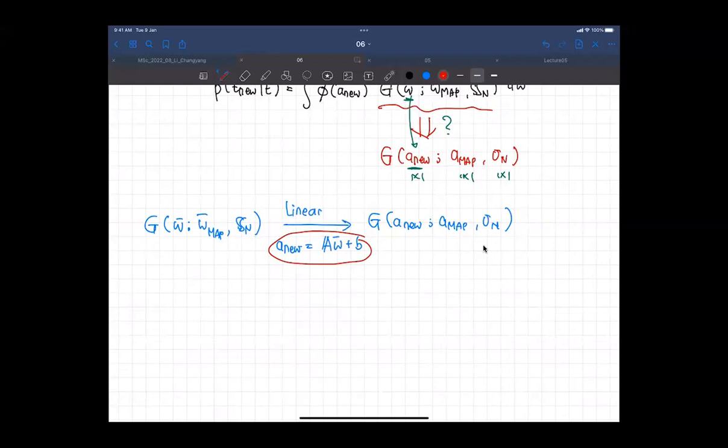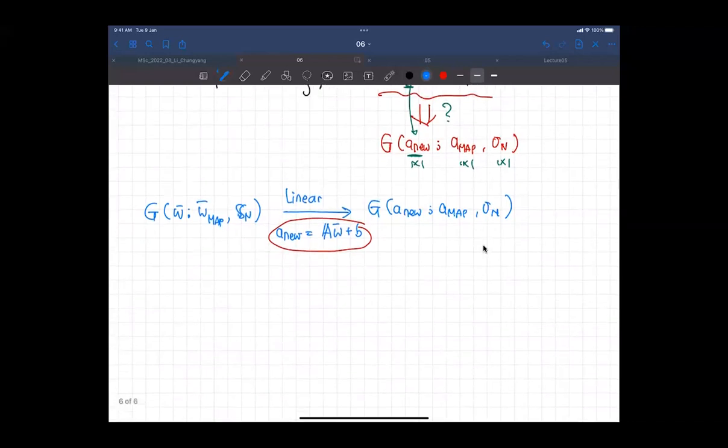But something that I want to say here is that A MAP equals A W MAP, and sigma n, which is positive, equals A S_n A transpose.